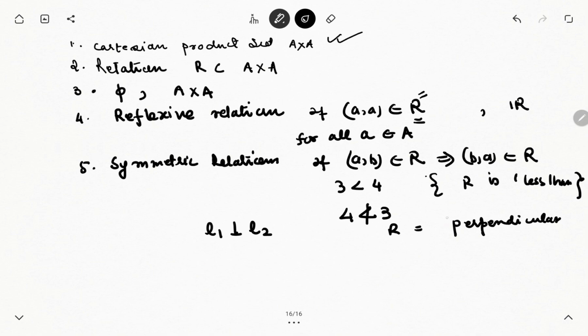So perpendicular is a relation, right? See, if L1 is perpendicular to line L2, then L2 is also perpendicular to L1. So this is a symmetric relation.